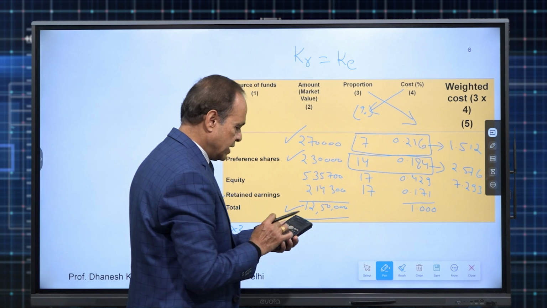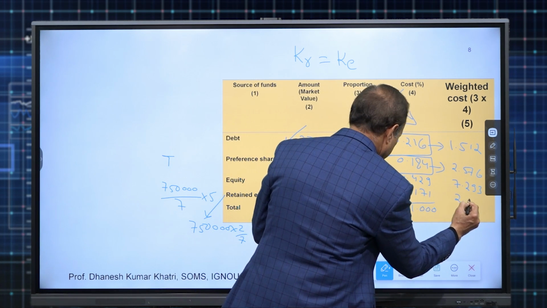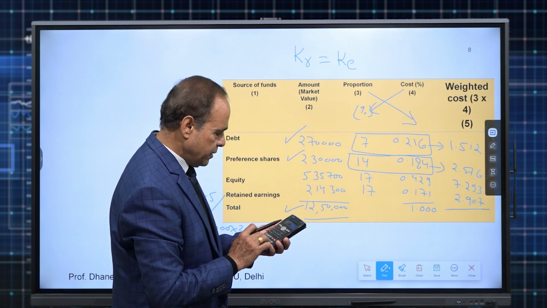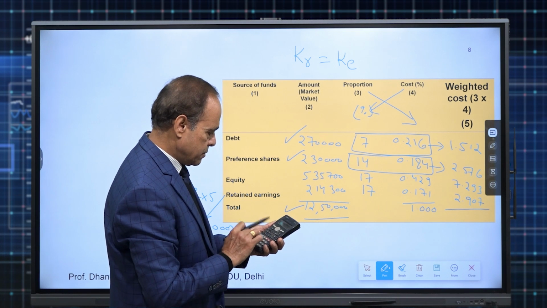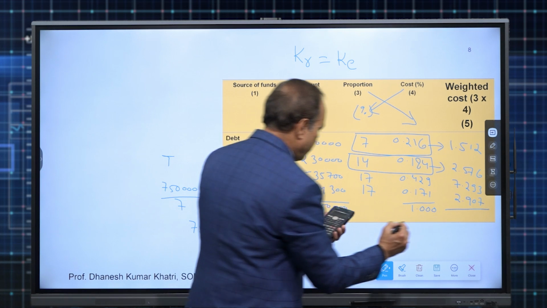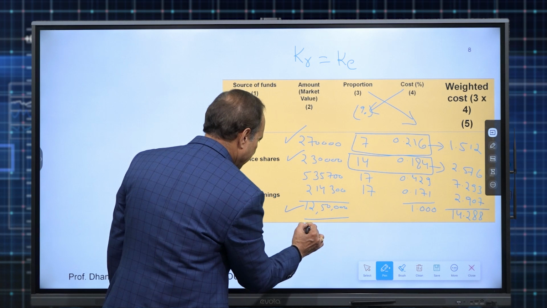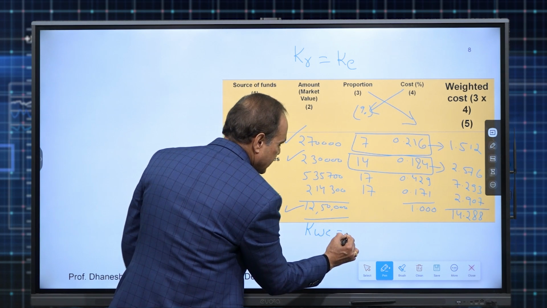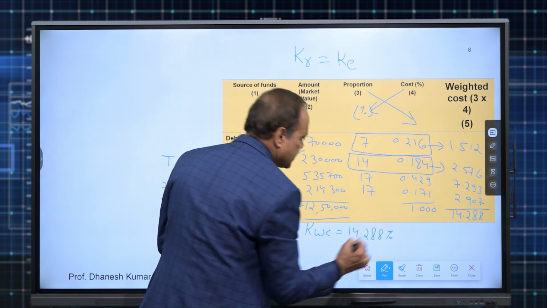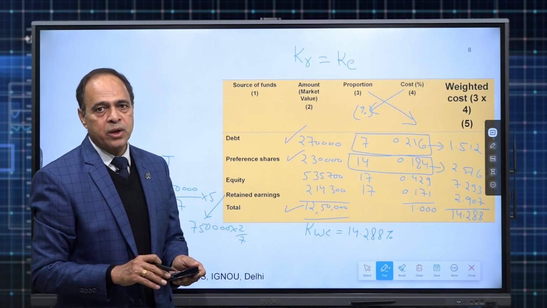And lastly 17 multiplied by 0.171 is 2.907. So that makes the final calculation 14.288. So overall cost of capital, that is Kw, in this case is 14.288%. So this is the way we give market value weights to calculate overall cost of capital.